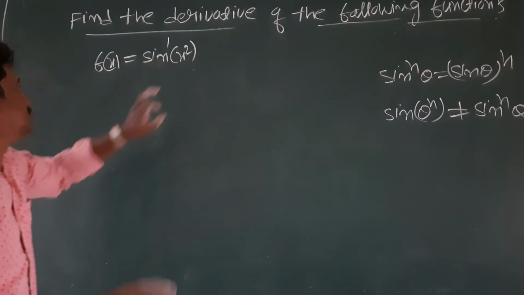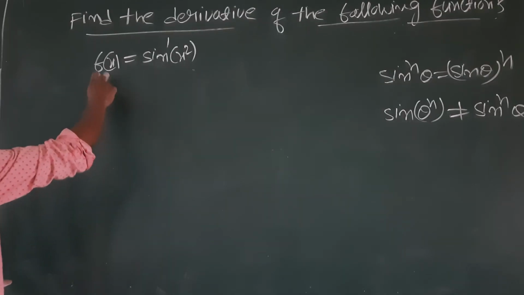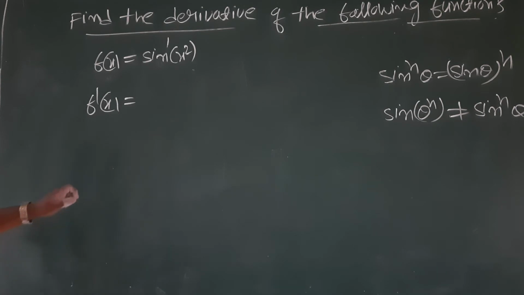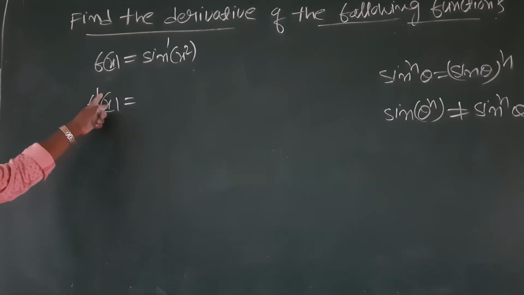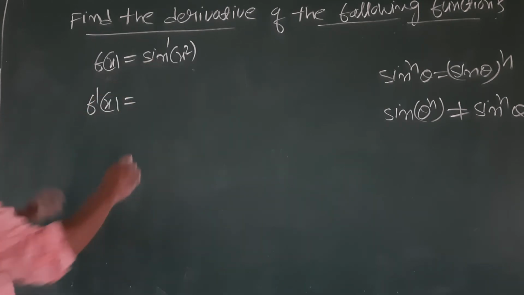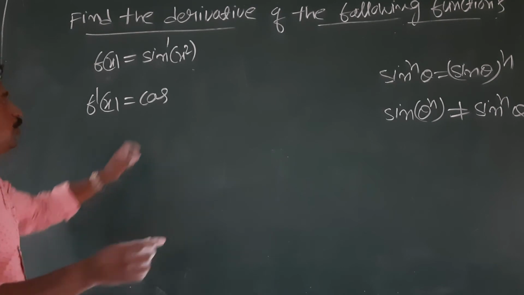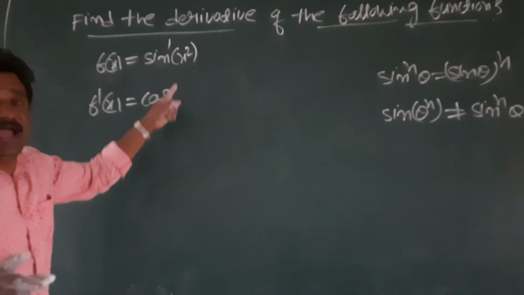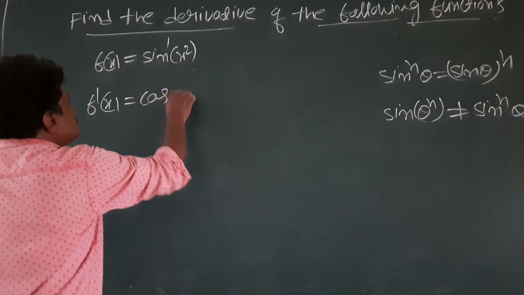You come to the base. Differentiation of f(x) is f dash x; you can write f dash x, dy by dx, y1 or y dash. Now differentiate sine. Differentiation of sine is cos. Writing only cos is meaningless; you had the angle also, that is x square.